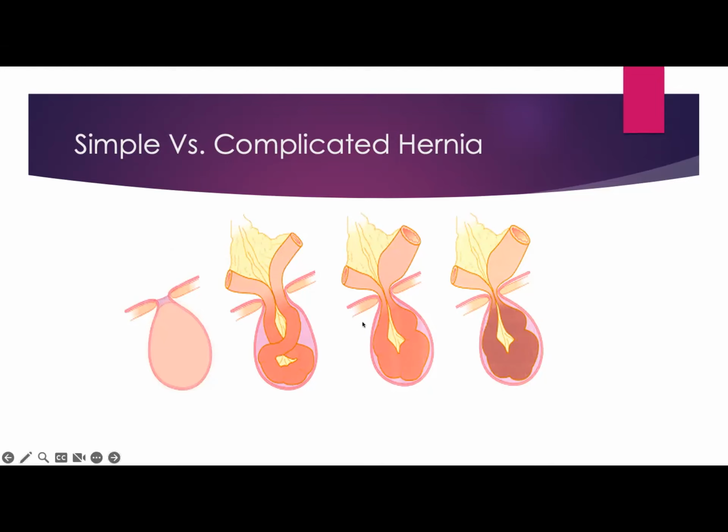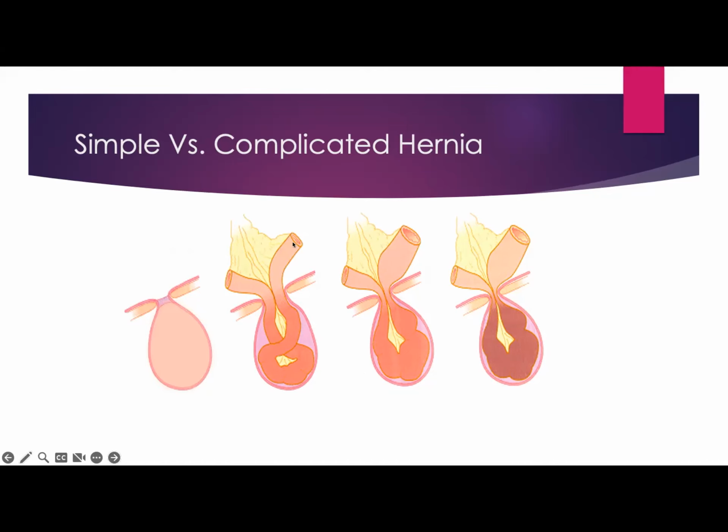This is another picture which shows the complications. We have a simple hernial sac, without intestine. There is a defect, and along with the defect we have a peritoneal sac, but we don't have intestines. It's still considered an external hernia. Here you can see that along with the hernial sac, we have intestines.